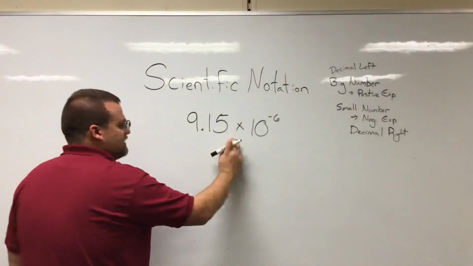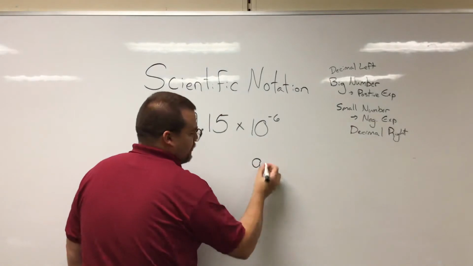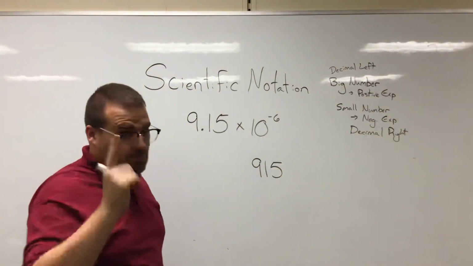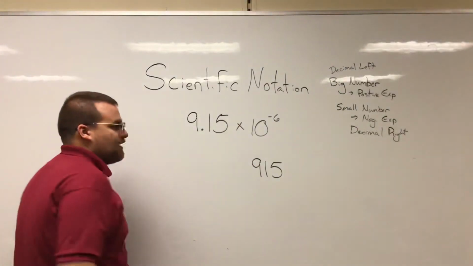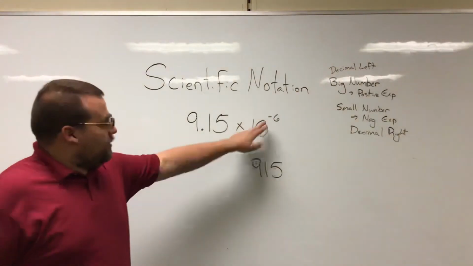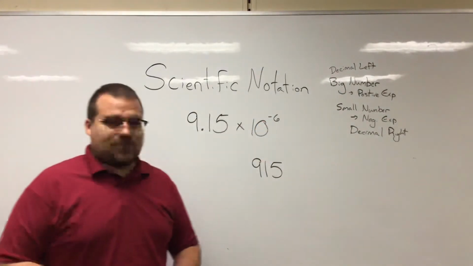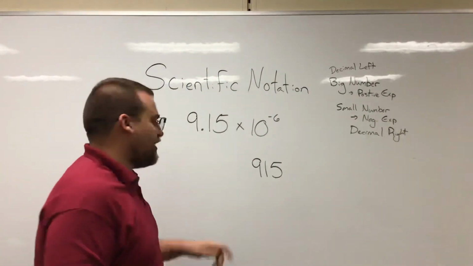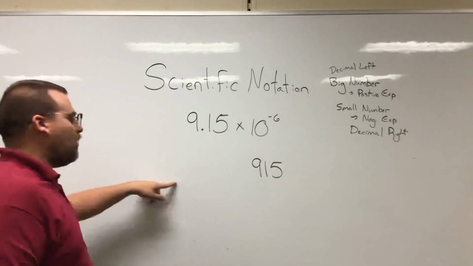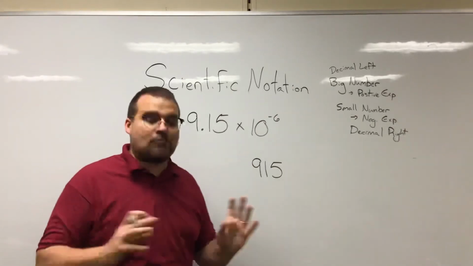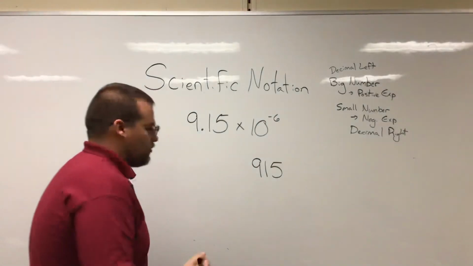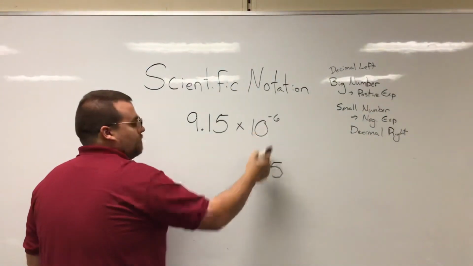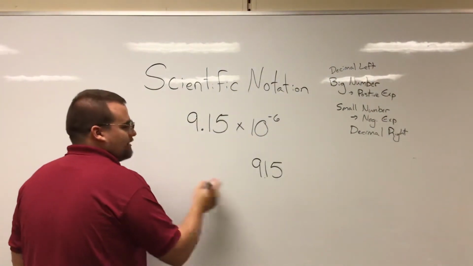I'm going to take these numbers and write them without the decimal, but I'm going to remember where that decimal was. That decimal was after the 9, right? And I have 10 to the negative sixth. Negative means it's going to be a really small number. So I need to move that decimal way in front of it and make it look super, super small. So I'm going to remember where that decimal started after the 9, and I'm going to move it 6 places.